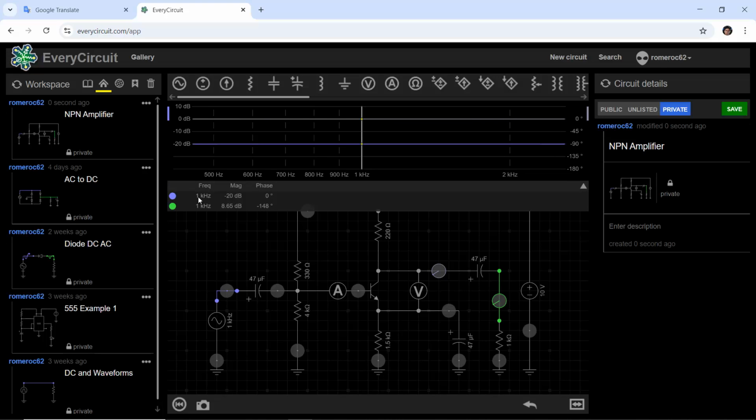Now the frequency is 1 kilohertz. The output has a gain of 8.65 decibels, more than the previous gain using 500 hertz. And the phase is different, minus 148 degrees.